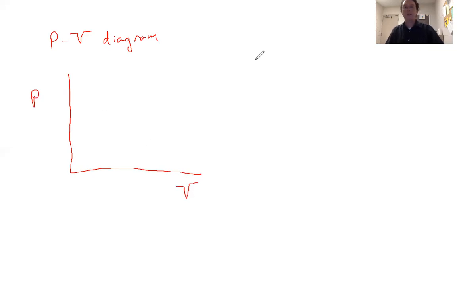So let's say that I've got some curve. Well, let's think about an ideal gas at constant temperature. And we'll make it a closed system so we aren't losing particles or anything like that.